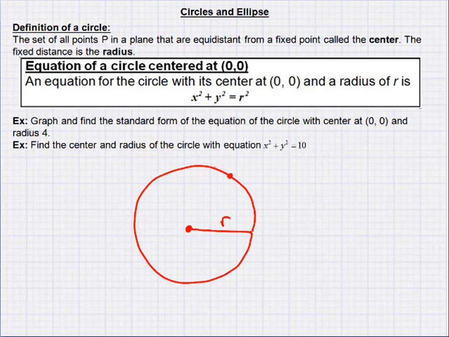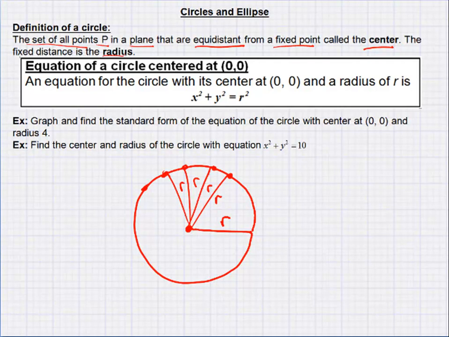All the points that are the exact same distance away from that center create my circle. So the set of all points P in a plane that are equidistant from a fixed point called the center are the points that make up the circle, that fixed distance being the radius.